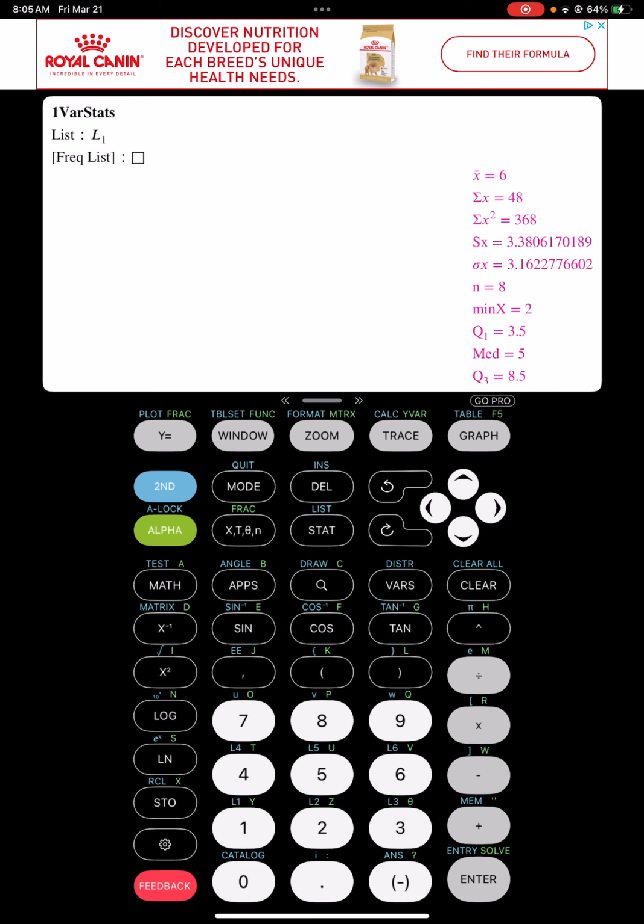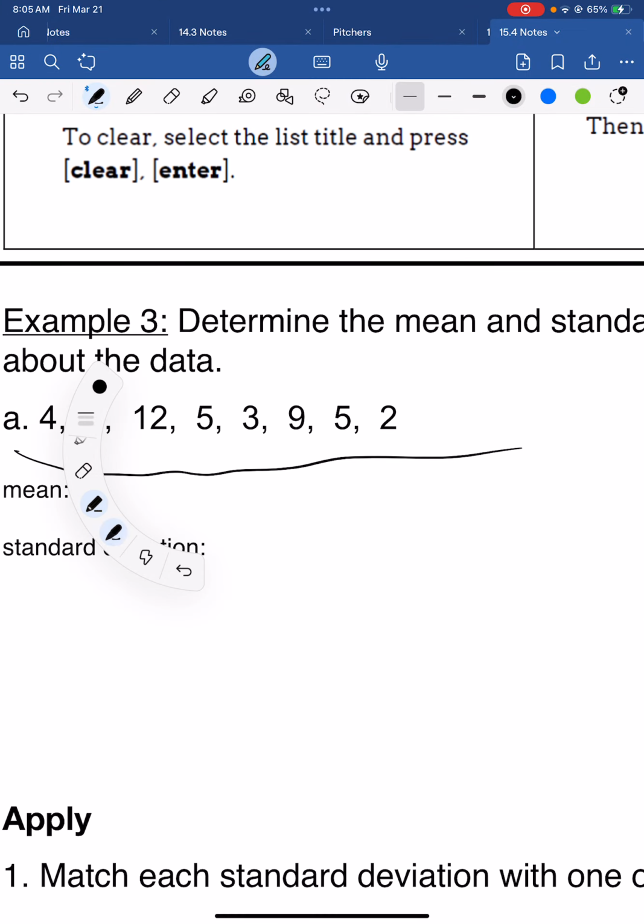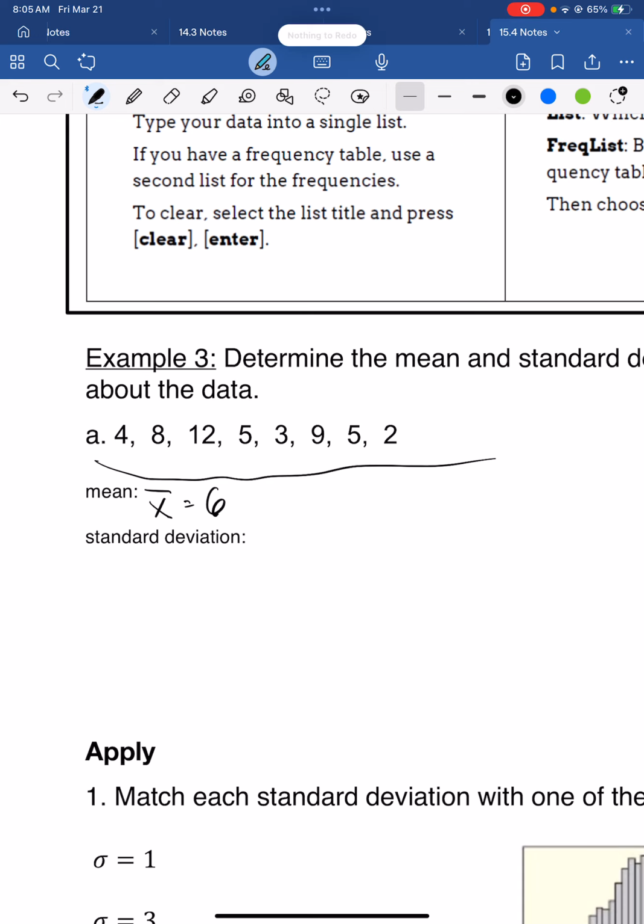And the ones that we're looking for right now are the top one, the x with the line over it. That represents the mean. So the x with the line over it is the mean. And then the other one that we're looking for is standard deviation. So first we can write down that our mean is 6, because mean is the one with the line over it, and that's equal to 6. And then your standard deviation is the one that looks like the little sigma.